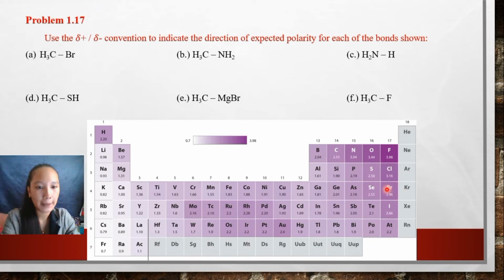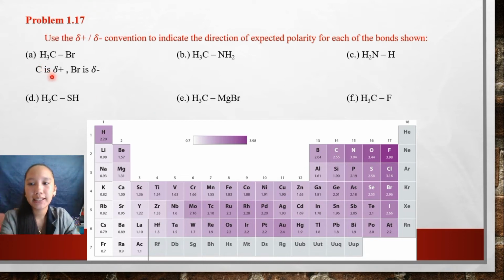Comparing the two elements, we can see that Br is more electronegative than C. So, it means that C is partially positive and Br is partially negative.